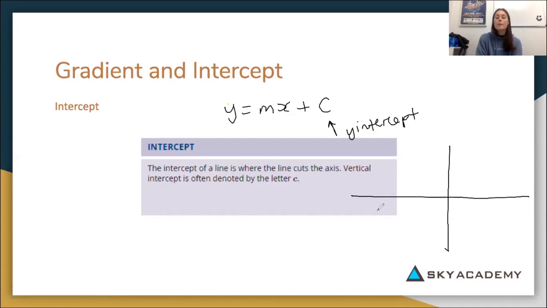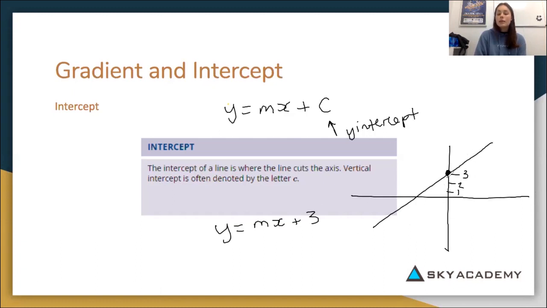So if this here was a value of 3, then our y-intercept, which is marked by C, would be 3. So it'd be mx plus 3, because we have a crossing or an interception of the line at the value of 3.